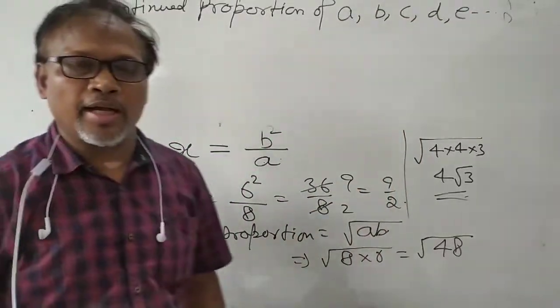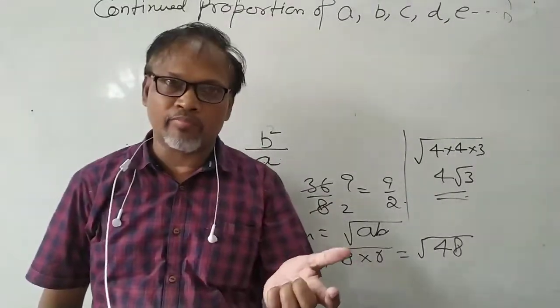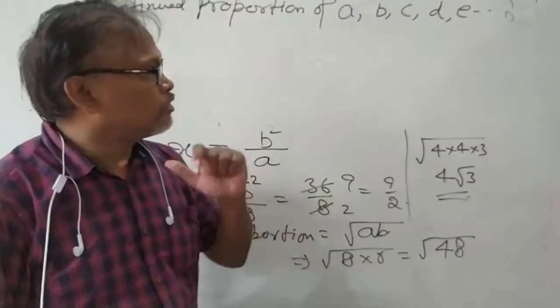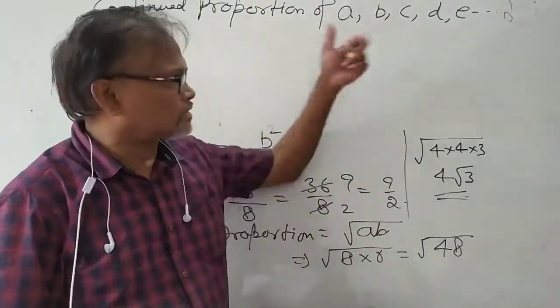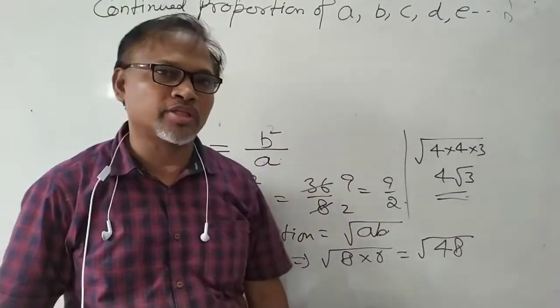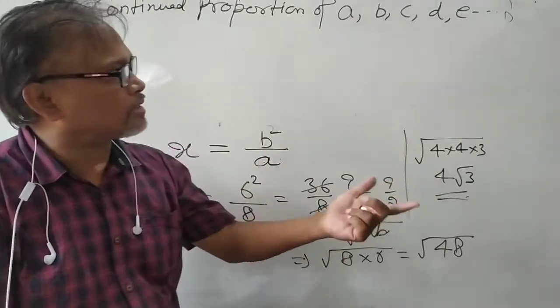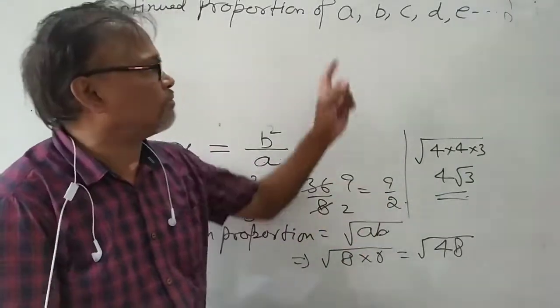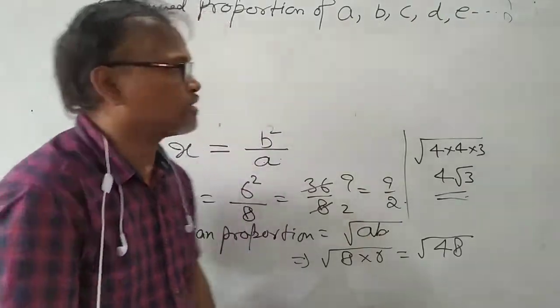There must be at least 3 numbers for a continued proportion, and the maximum is infinite, but in your course especially up to 5 numbers, or maybe 6 numbers, but not more than 6. Start from 3 numbers and go up to 6 numbers: 1, 2, 3, 4, 5 and one more, that is F, 6.